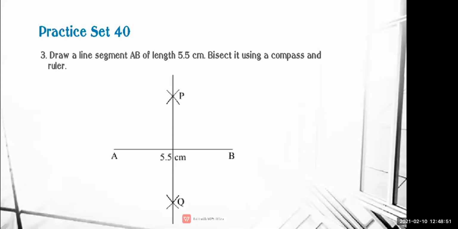Then bisect it using a compass and ruler. Bisect it means you have to draw a perpendicular line only with the help of ruler and compass. Now ruler means scale and compass means the thing which I am showing you. So we are going to construct this line AB, that is of 5.5 centimeter, with the help of compass and ruler.